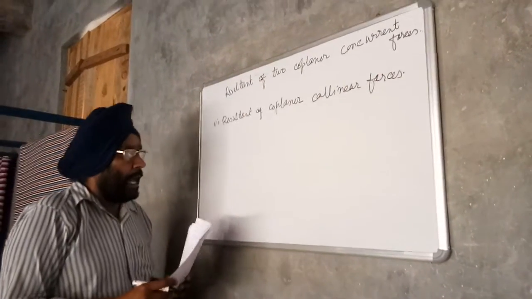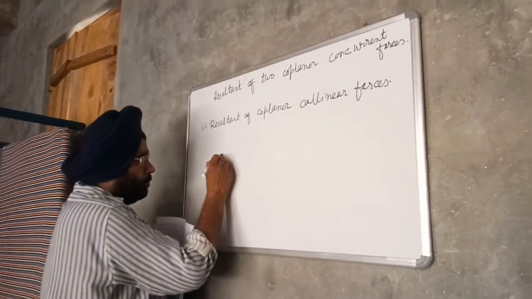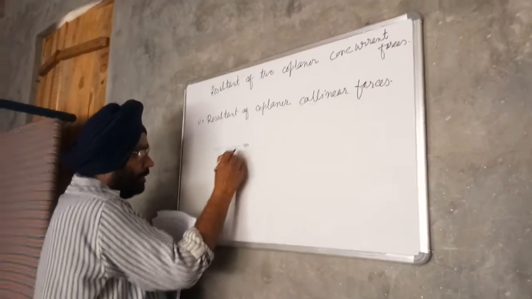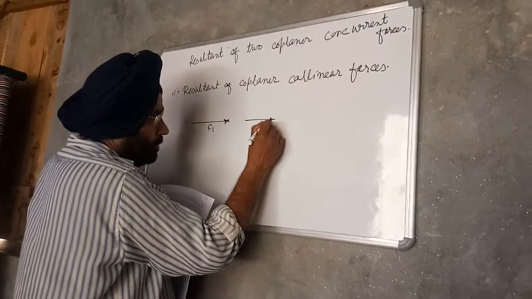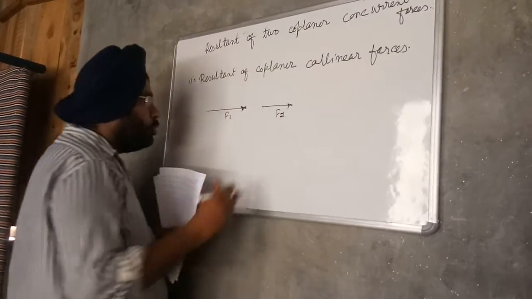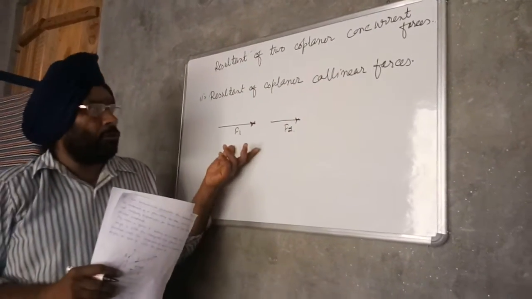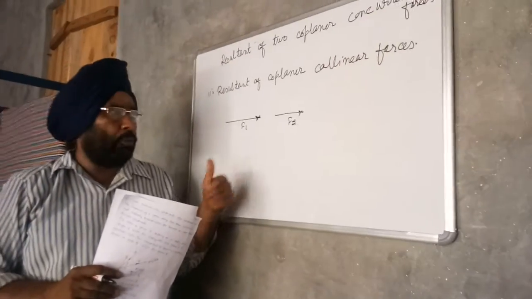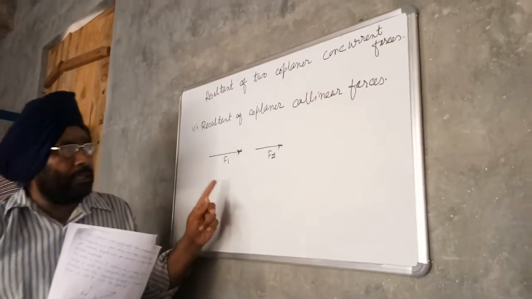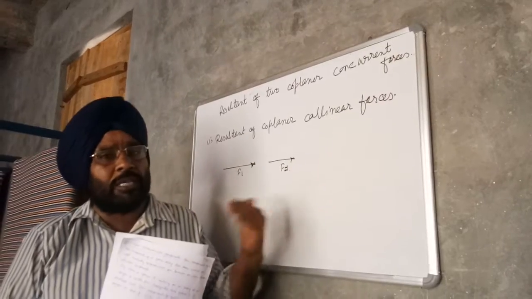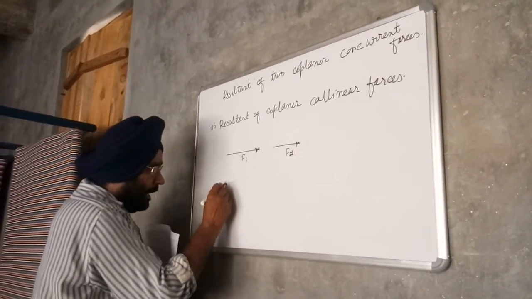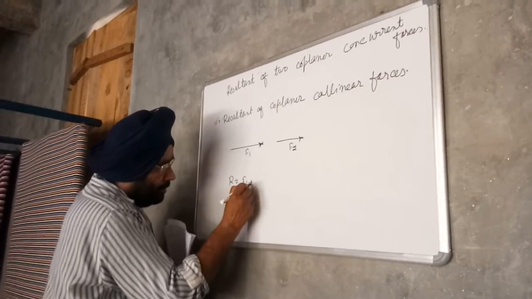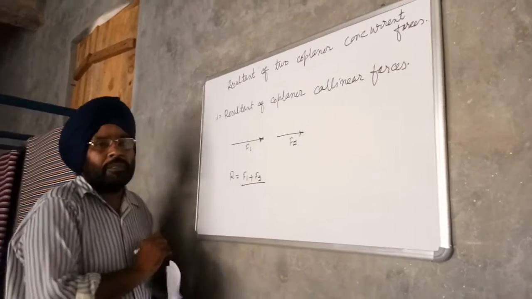So forces F1 and F2. This is force F1 and this is force F2. These two forces are coplanar collinear forces. Coplanar means the forces lie in one plane and collinear means they act along the same straight line. So the resultant of these two forces is equal to F1 plus F2.